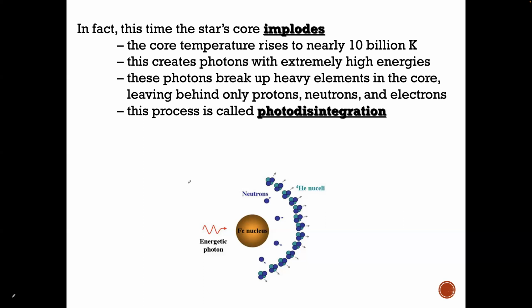Once again, what happens is you have iron at the central region, and then you have these high energy photons due to this enormous temperature of around 10 billion Kelvin. Because of the interaction of these high energy photons with iron, a separate process goes on, in which these heavy elements break up into neutrons, electrons, and protons, right?